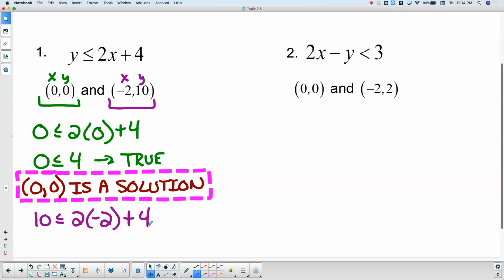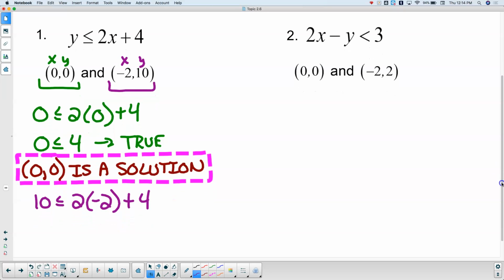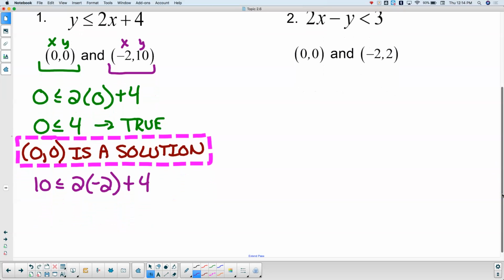Plus 4 is 0. And then I look at the inequality. 10 is less than or equal to 0. Is that true or false? That's false. So this is not a solution.